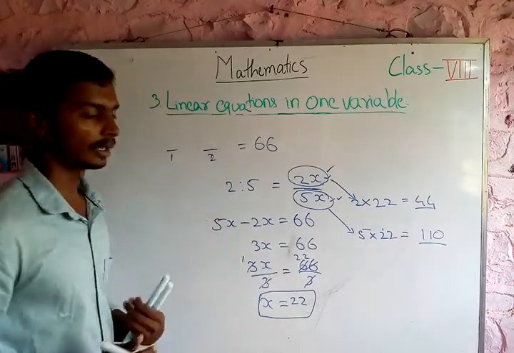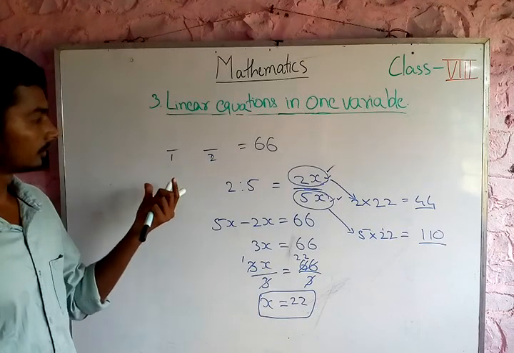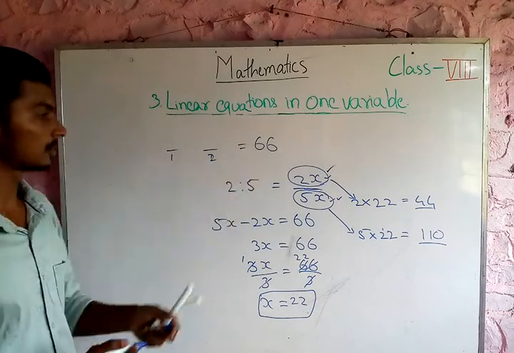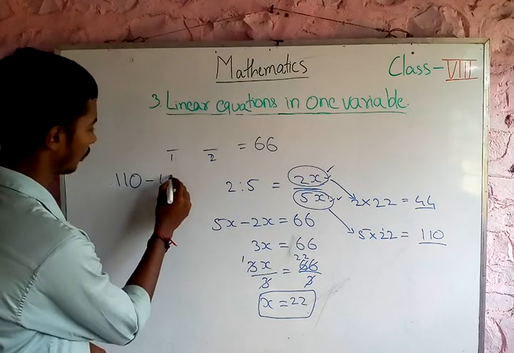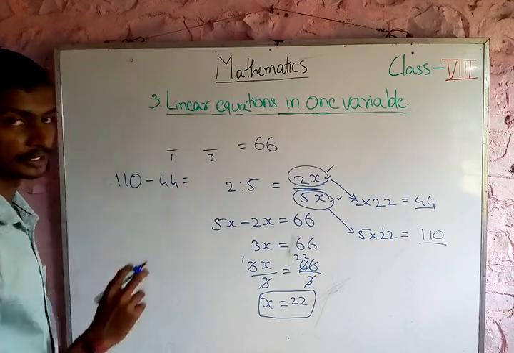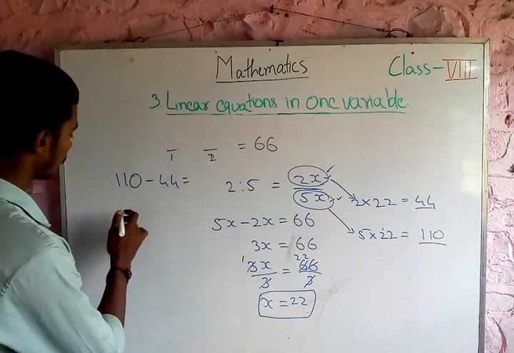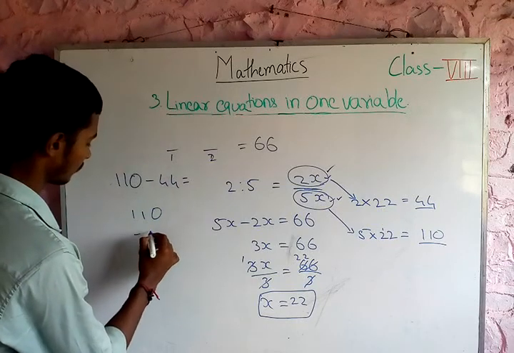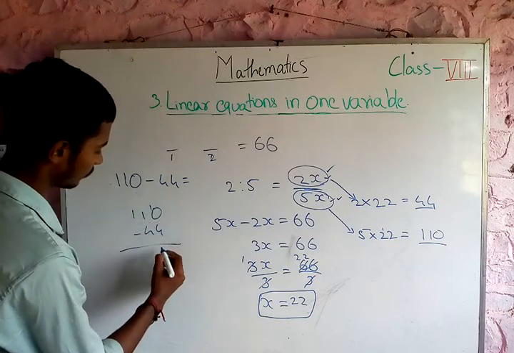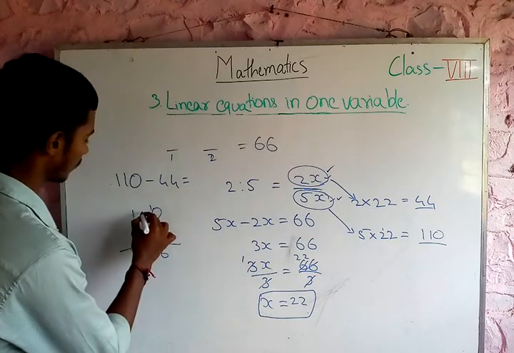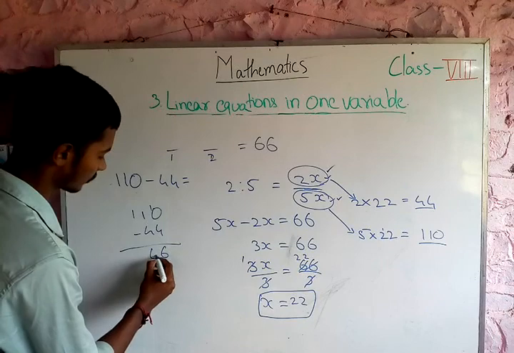They have given that the difference between the two whole numbers is 66. So it becomes 110 minus 44. Check if this is 66. 110 minus 44 is 66.